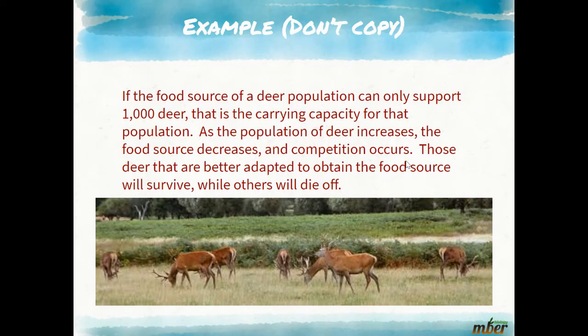If the food source of a deer population can only support 1,000 deer, that is the carrying capacity for that population. As the population of deer increases, the food source decreases and competition occurs. The deer that are better adapted to obtain the food source will survive while others will die off.